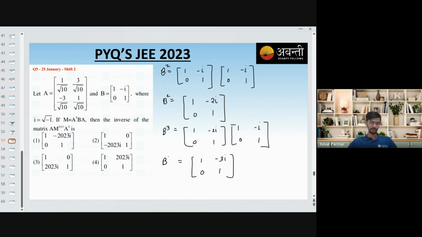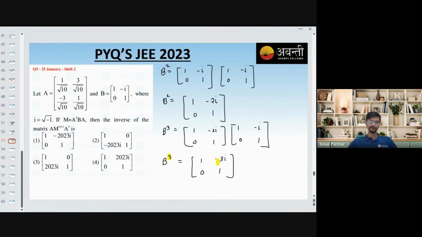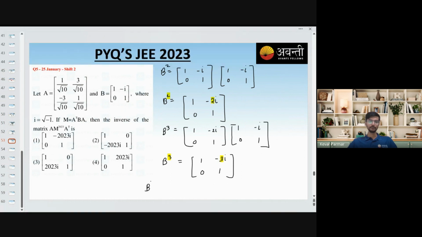So now if you have noticed the pattern, guys, same pattern. If it is 3, I'll get 3 here. If it is 2, I'll get 2 here. So we want B raised to the power 2023. So B raised to the power 2023 will be equal to 1 minus 2023I, 0 and 1.